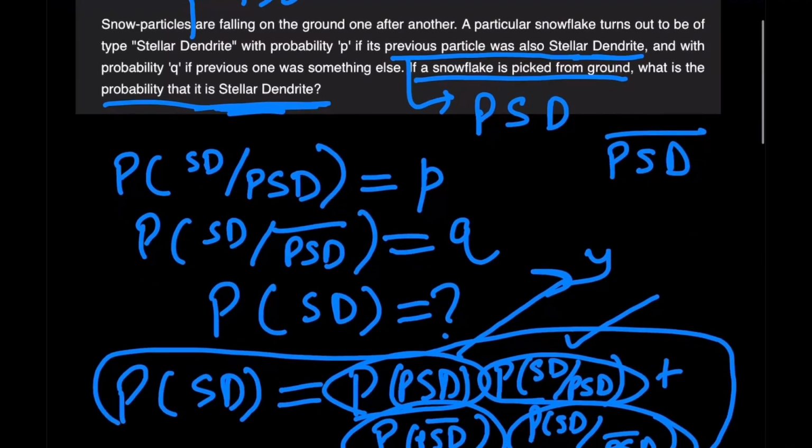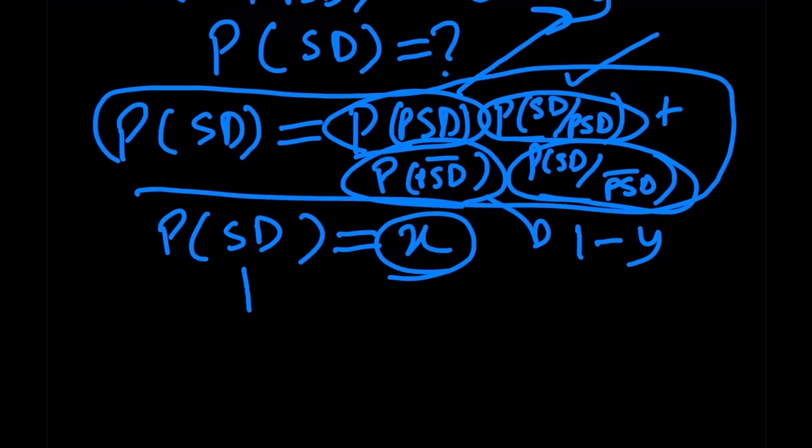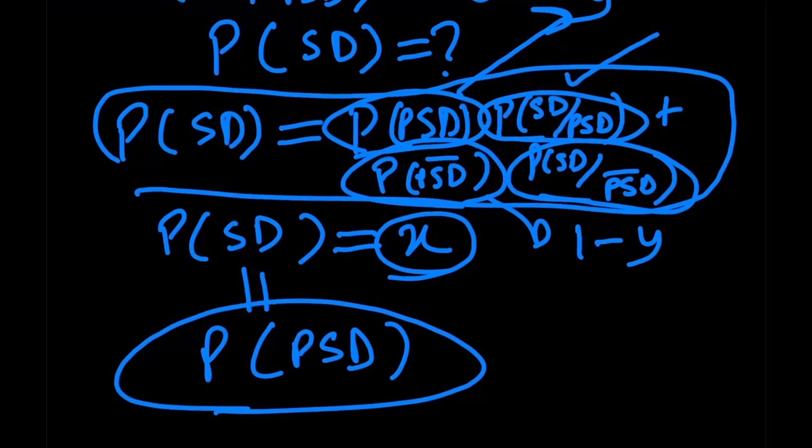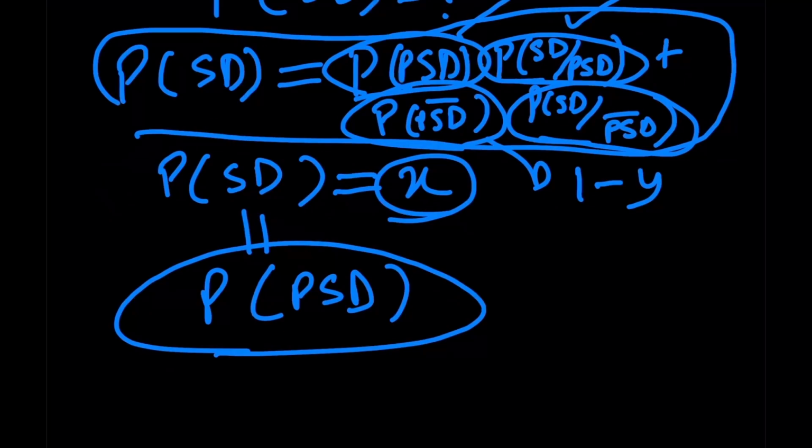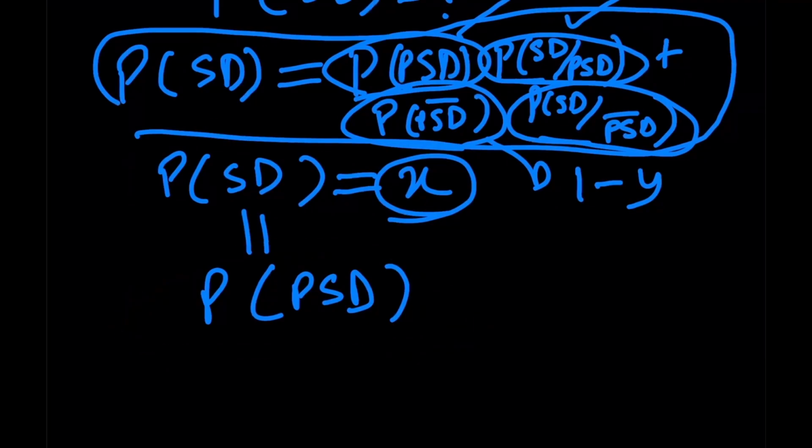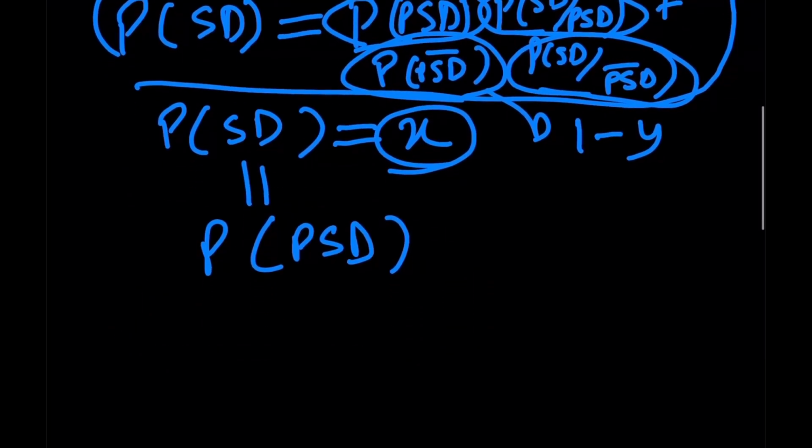The trick is to understand that this is the exact same as the probability of a previous stellar dendrite. The probability of picking up a snowflake from the ground, the present moment, is the exact same as the probability of the previous snowflake that was lying on the ground being a stellar dendrite. So since we know that y is also equal to x, the equation boils down real quick.